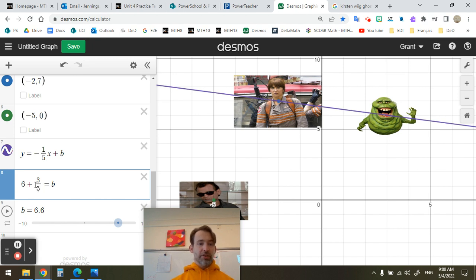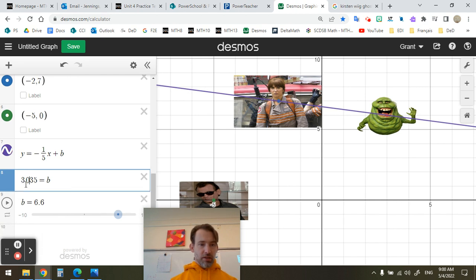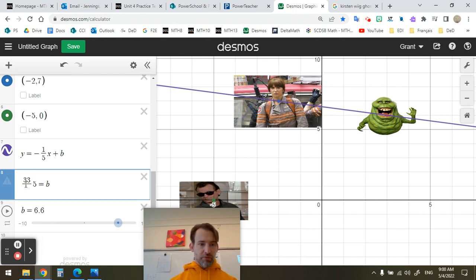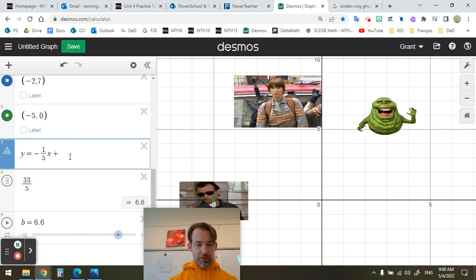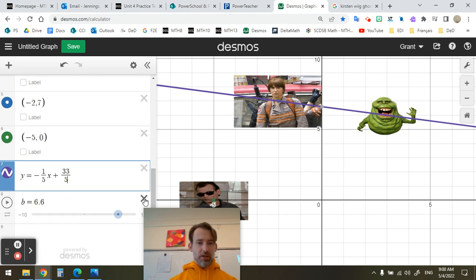We can also scale this up and say 6 is 30 over 5. Add those together to get 33 over 5. And that is indeed our b. We'll find that that is 6.6 here, you see. So that's one of our lines, plus 33 over 5 or 6.6, whichever you prefer.